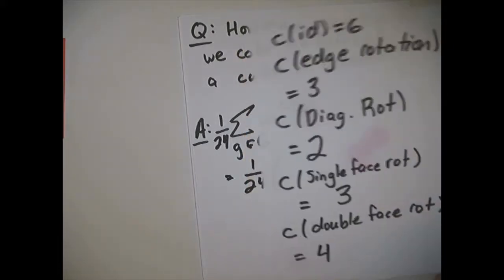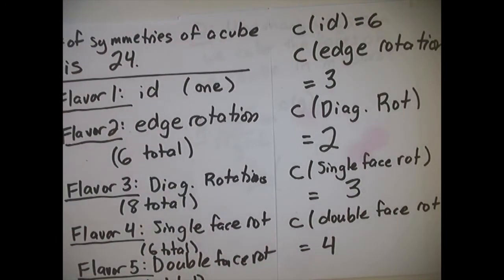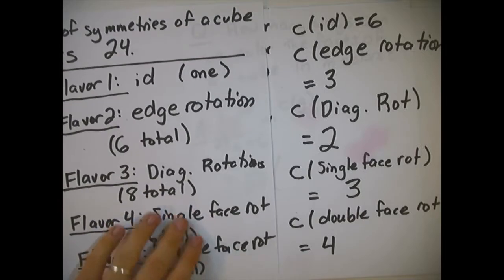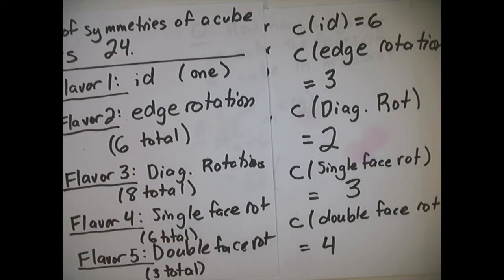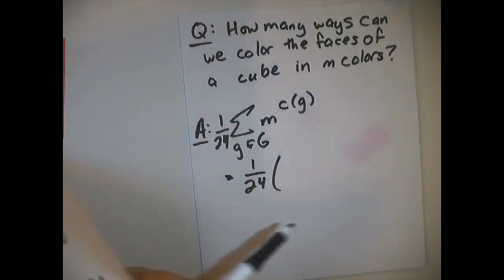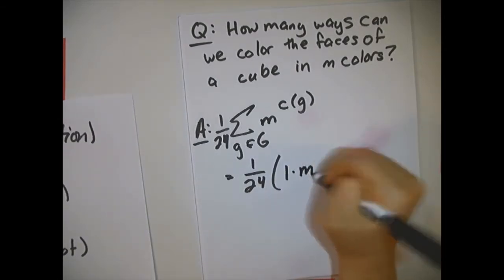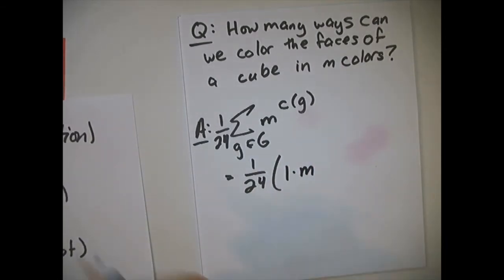I'm going to need to know what the cycle number of that type is, and I'm going to need to know how many of that type there are, both of which are things we calculated in the previous video. So when I do this, first I'm going to do the identity. There is one identity, and that's going to contribute an M to the cycle number of the identity, and the cycle number of the identity is 6.